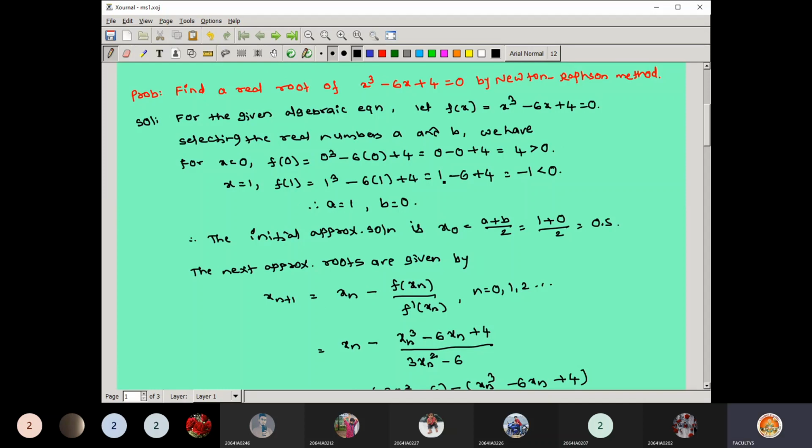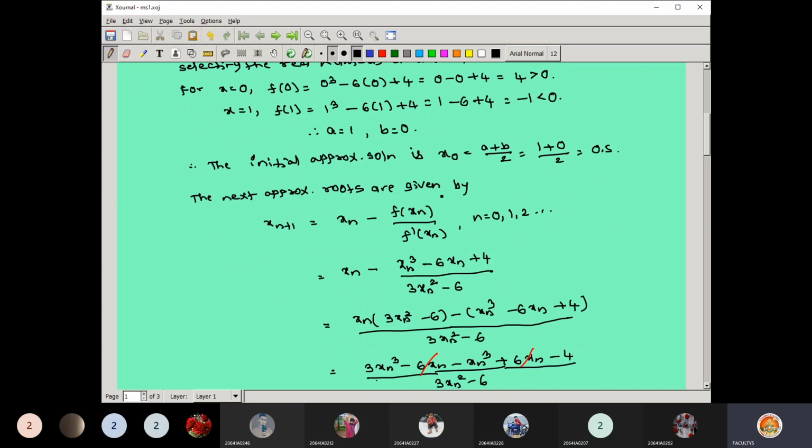Very simple. For the given expression, you are just identifying a and b values. Find out first the initial approximate solution by x naught equal to (a plus b) by 2. And in order to get the next values, x n plus 1 equal to x n minus f of x n by f dash of x n. So f of x n is nothing but in your f of x only x is replaced by x n.